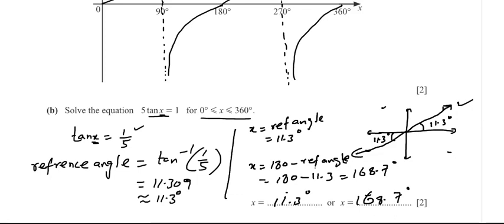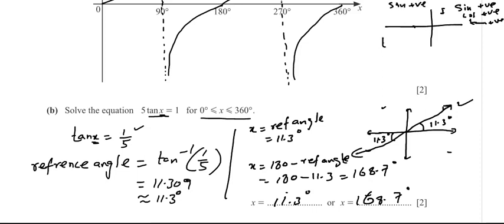There are a few rules regarding them. I think it's better to recall them here. Remember, in the first quadrant, all values, sine, cosine, tangent, are positive. In the second quadrant, only sine is positive.